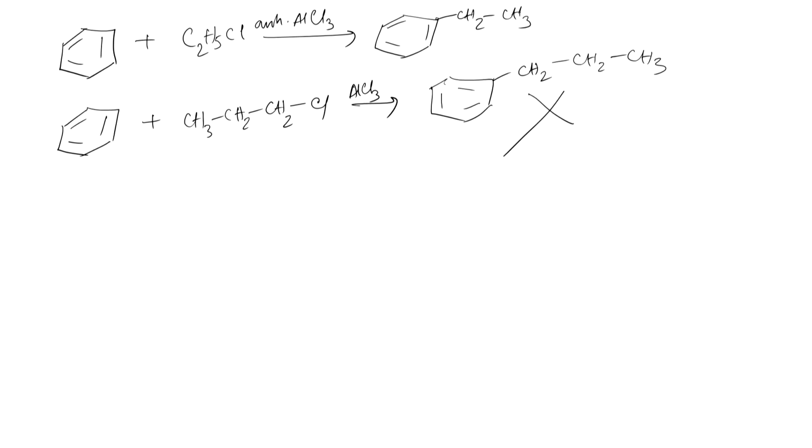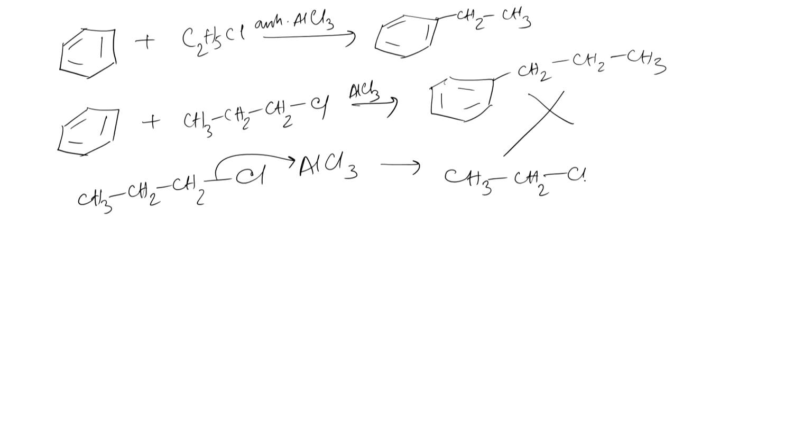Instead, what happens? Let's say we have this. Now we get this electrophile. But this is a primary carbocation, which is not stable.